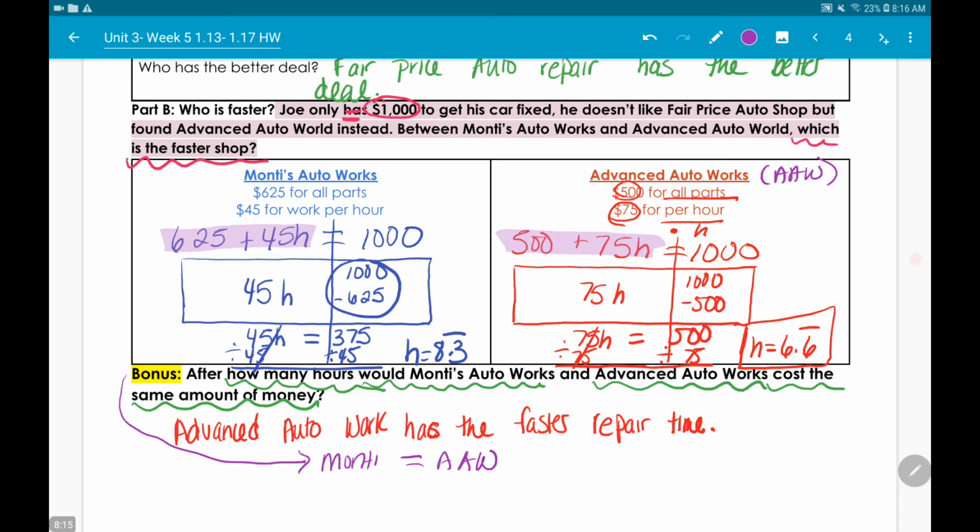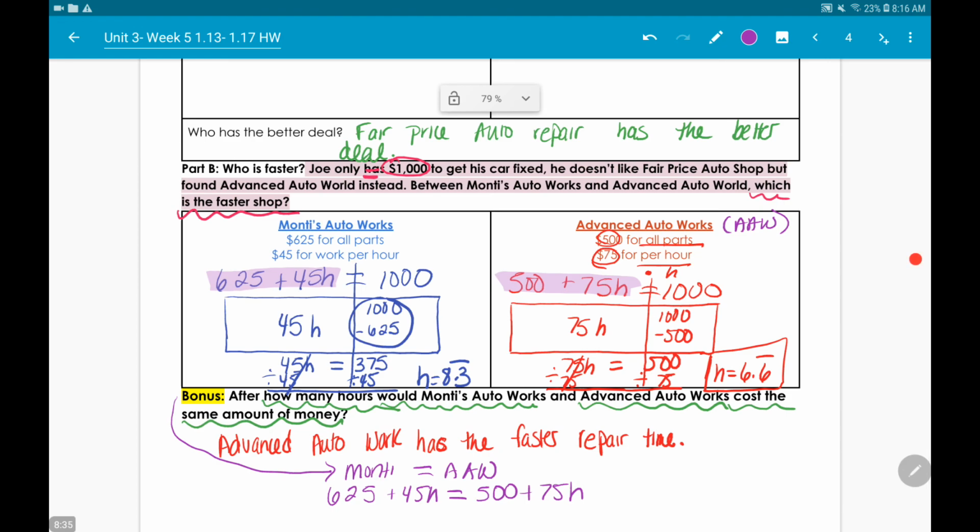So the way we could solve this is just to put 6.25 plus 45h is equal to 500 plus 75h. And this looks like our normal variables on both sides. So from here, I could just make a solving square and continue and then solve. Bring the answer to class. After how many hours would these two expressions be equal?